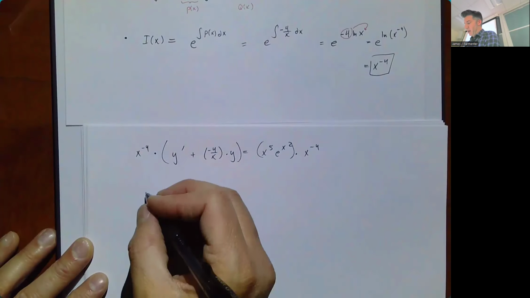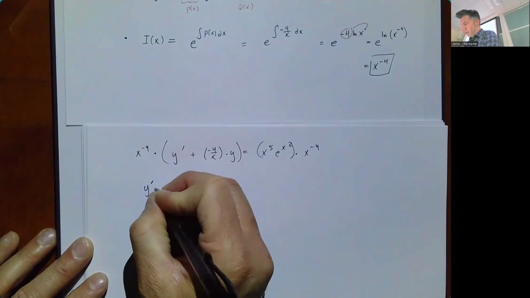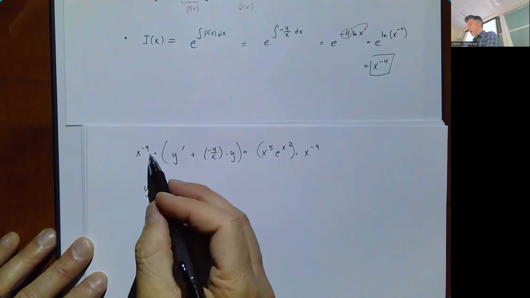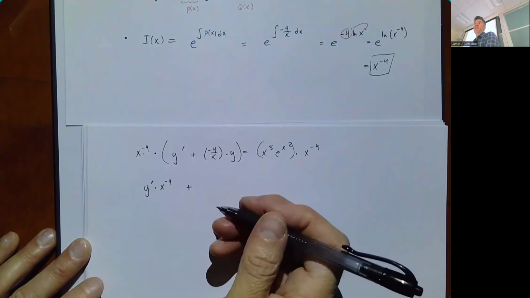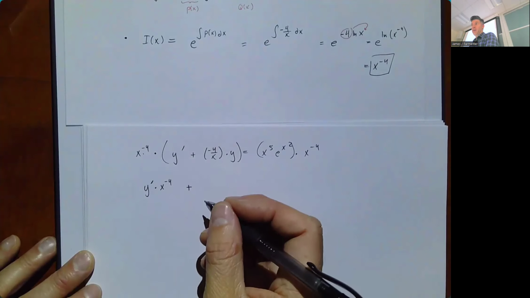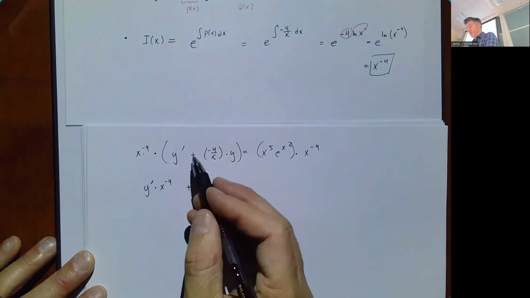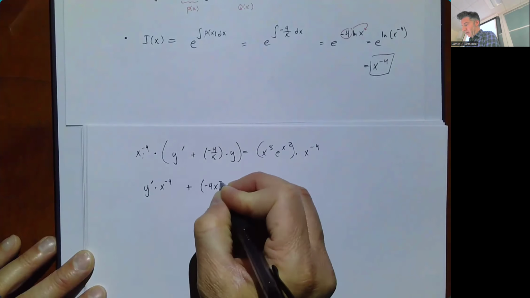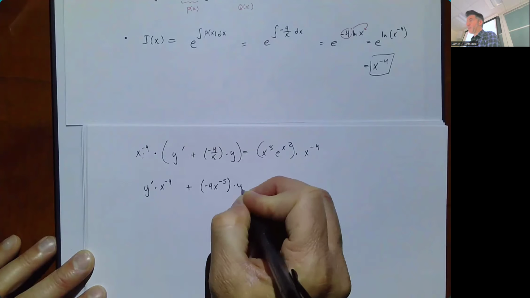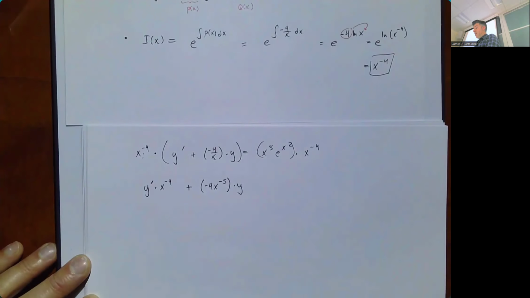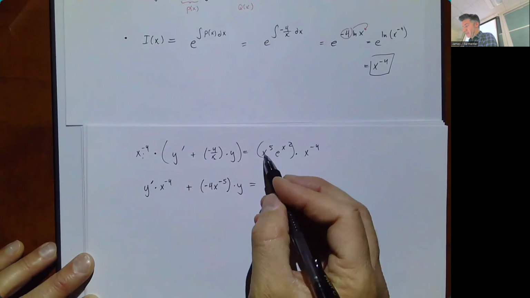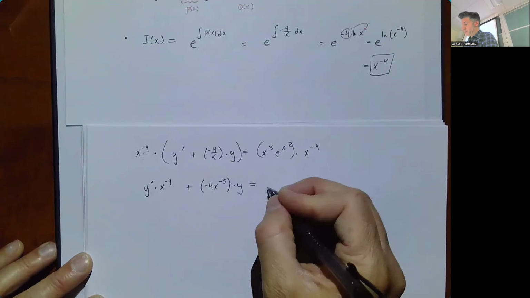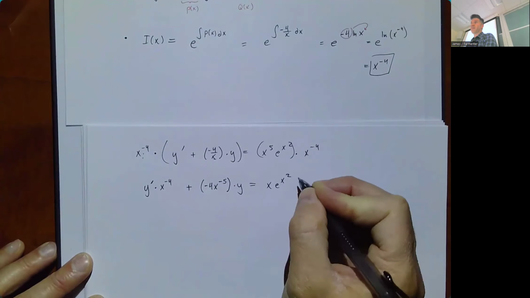So on the left-hand side, I'm going to have y prime times x to the negative 4th plus negative 4 over x, which is really negative 4 times x to the negative 1. And negative 4 times x to the negative 1 times x to the negative 4th is going to be negative 4 times x to the negative 5th times y. On the right-hand side, the x to the 5th times x to the negative 4th, we can add those powers and just get x to the 1st times e to the x squared.